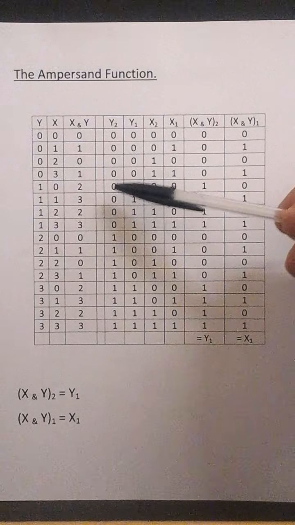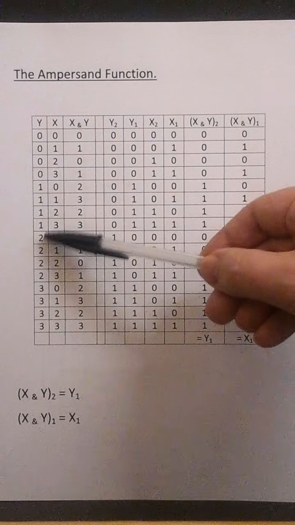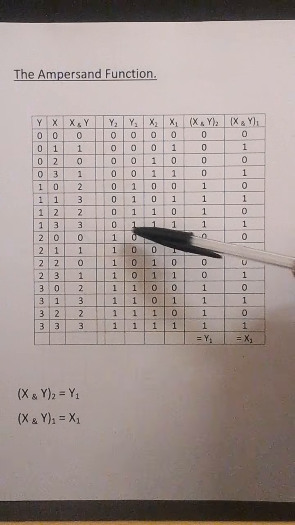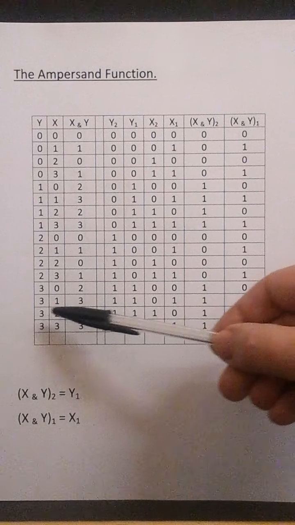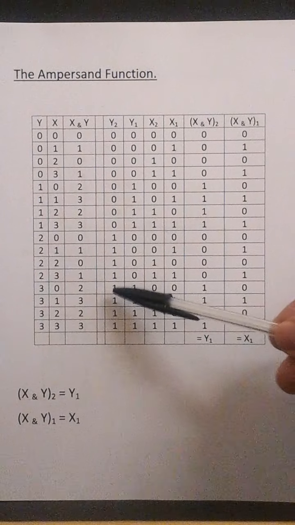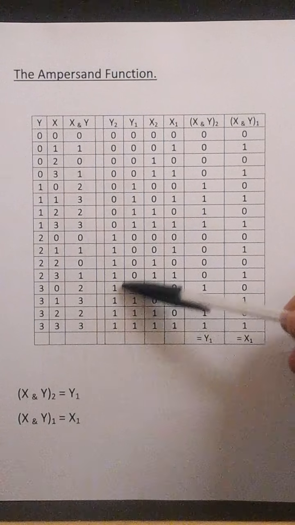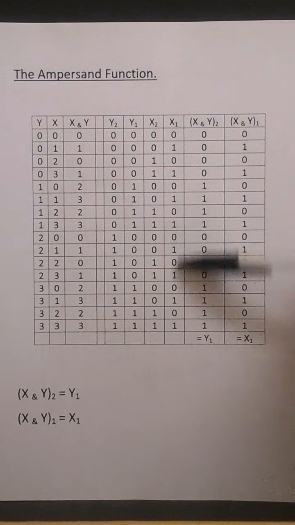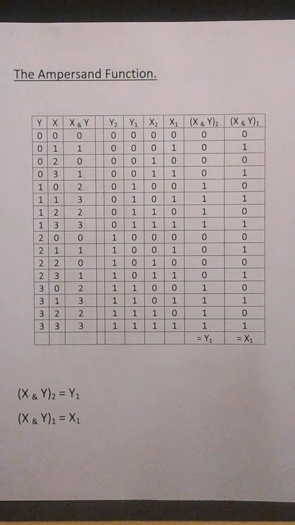When y is a 1, y2 is a 0 and y1 is a 1, 4 times. When y is a 2, y2 is a 1 and y1 is a 0, 4 times. And when y is a 3, both y2 and y1 are 1s, 4 times. Same coding, like I say, for x2 and x1.